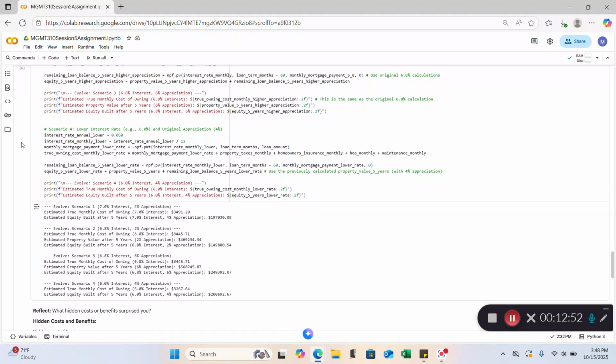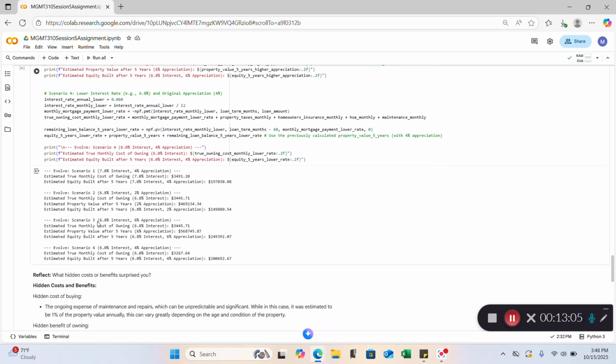So after all that, with the 7% interest in our scenario 1, our estimated true monthly cost of owning would be 3491.2. Estimated equity built over 5 years is $197,000, a little bit over that.